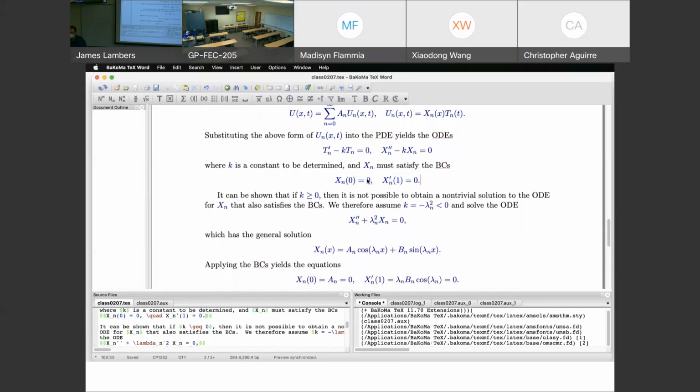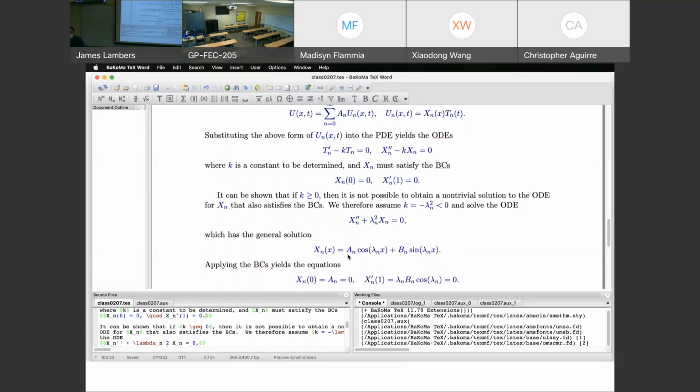So I enforce the boundary conditions. I plug in x equals 0, make sure I get 0. Take the derivative, plug in x equals 1, also require that I have 0. And what happens is, because of sine 0 being 0 and cosine 0 being 1, when I plug in x equals 0, I just get a_n, so that has to be 0.